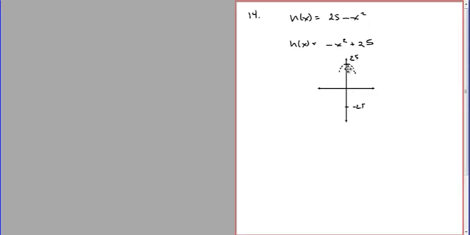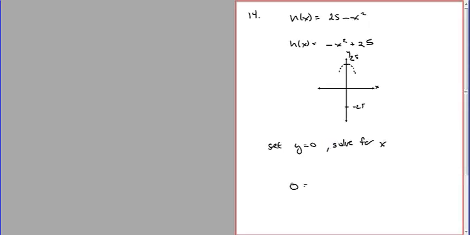Now the other thing, because it's going downward, it's going to cross the x-axis at some point. So that's where finding the zeros of the function comes in, which are the x-intercepts. So what we do is we set y equal to 0 and solve for x.